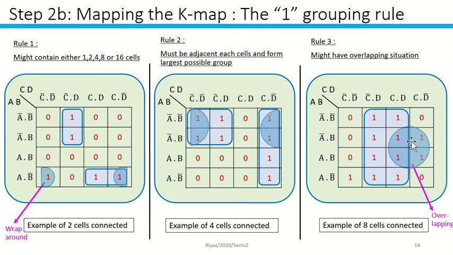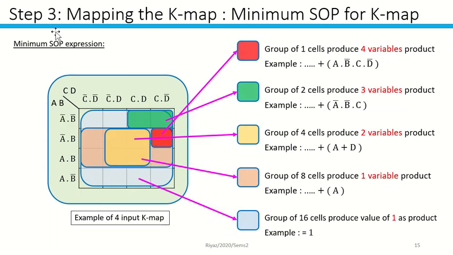So when you understand how to group the ones, we need to understand what possible outputs they can have. So step number 3, to get the minimum SOP from the K-map. When you have a K-map like this, there are lots of possible grouping methods.